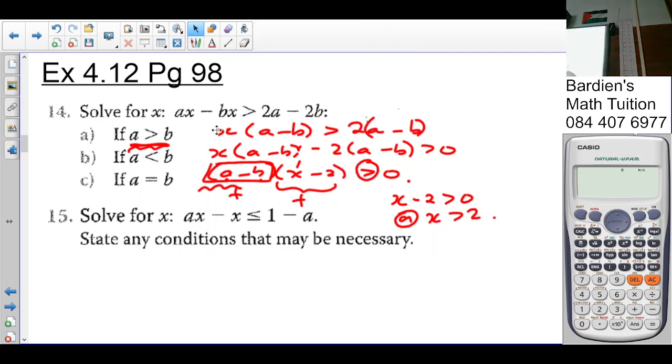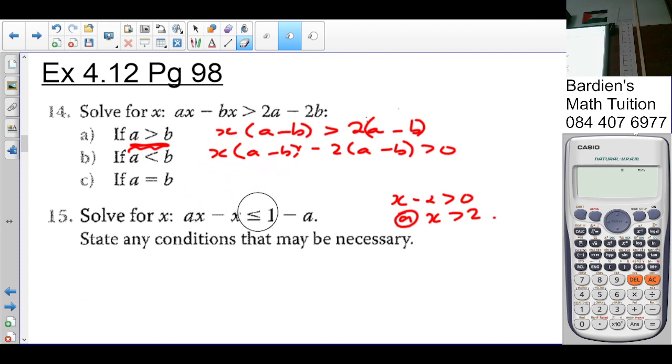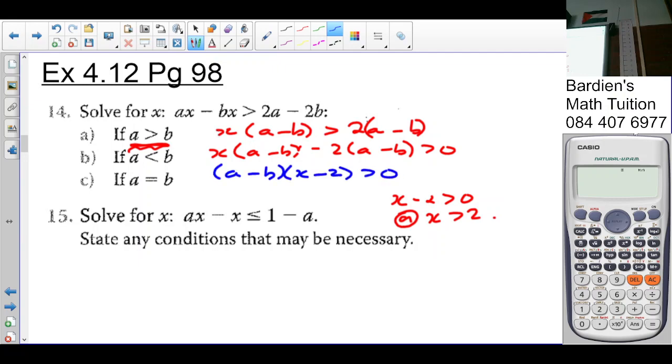Let's look at b. Again, you're going to get a minus b times x minus 2 is greater than 3. So if a is less than b, what does that mean? You're subtracting a bigger number from a smaller number.